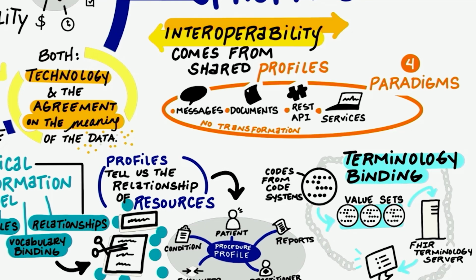So it's a server where data is represented for different code systems and different value sets, accessible to any application that needs those value sets or those code systems, and the FHIR specification includes the operations to manipulate those terminology code sets and value sets as part of the specification.